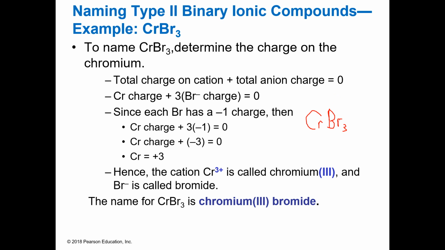My nonmetal here is bromide, and bromide's in group 7, so it's a -1 charge. I have 3 of them, so overall it's a -3 charge. I only have 1 chromium, so that 1 chromium needs to fulfill that total +3 charge. So the name of this would be chromium(III) bromide.